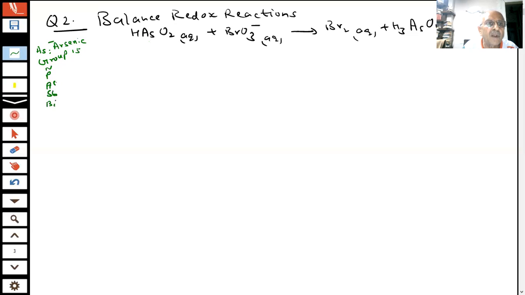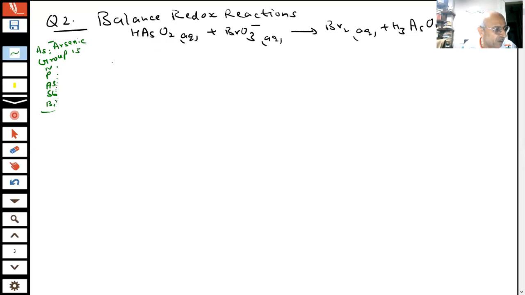All this is in the periodic table. We have to learn everything, students. How will we answer questions in the paper? You should know. HNO2, you know, and this is HAsO2. It belongs to the nitrogen family, group 15 elements: nitrogen, phosphorus, arsenic, antimony, bismuth.